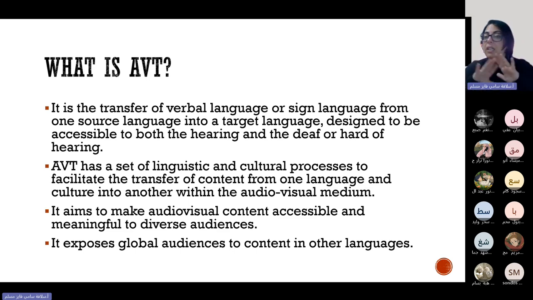So AVT does the same thing as any type of translation. However, it has a specialized set of linguistic and cultural processes, as well as specialized theories and strategies that we need to use for it.